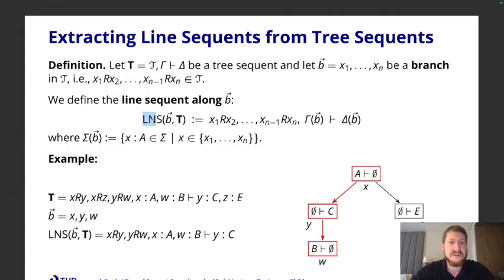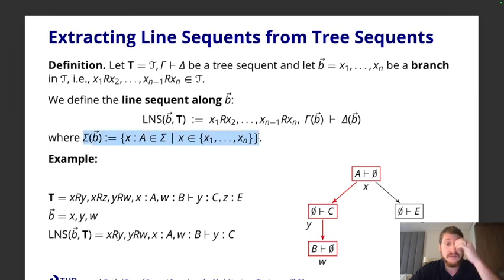What the LNS function does, this stands for linear nested sequent, by the way, paying homage to Lellmann's work, is take as input a branch B, so a sequence of such labels, and a tree sequent, bold T, and it outputs the line sequent that is associated with those labels. So it retains the line of relational atoms shown here and keeps only those labeled formulae which use the labels from x1 to xn, so inside of that branch. And each of these is defined here, by the way.